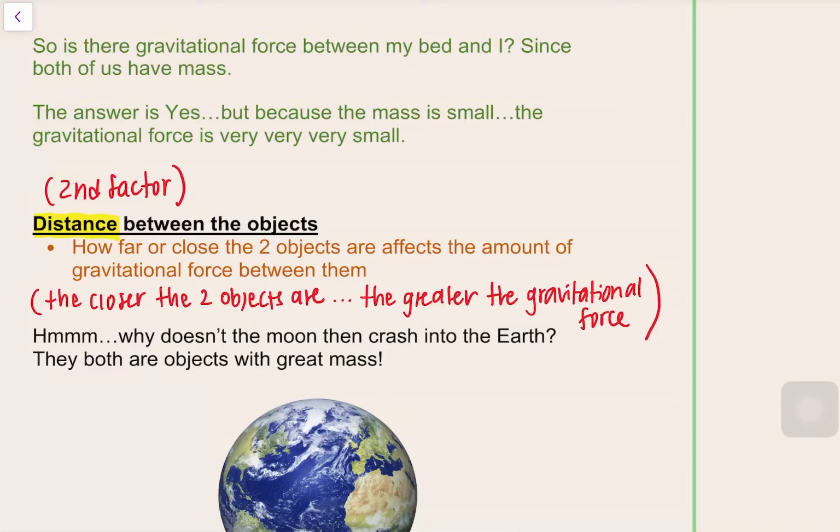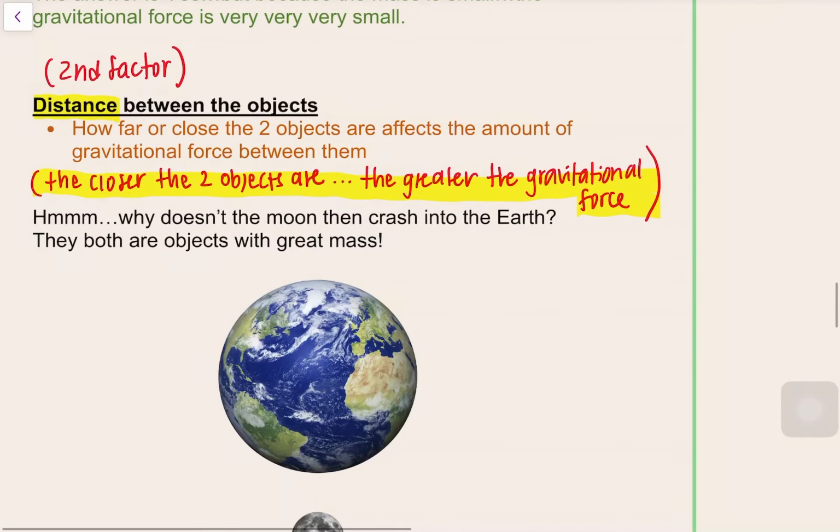Alright, so this is a relationship that is very important that you need to remember. If the two objects are closer, they will have greater gravitational force. So if they are further away, the gravitational force will be weaker.